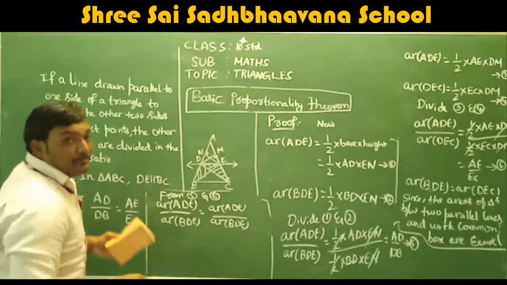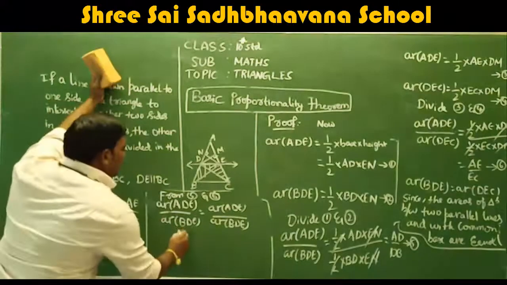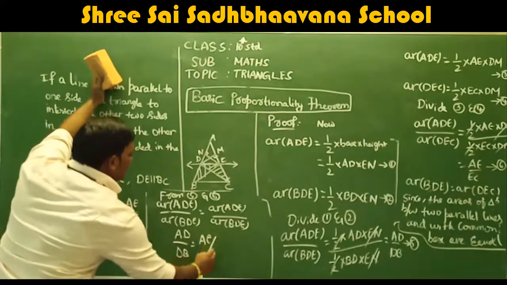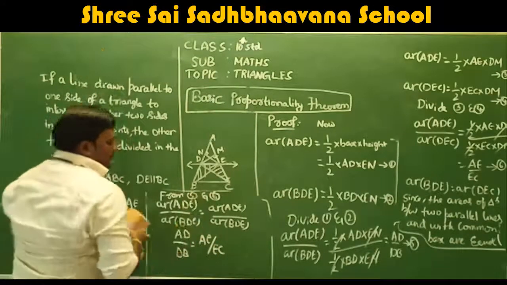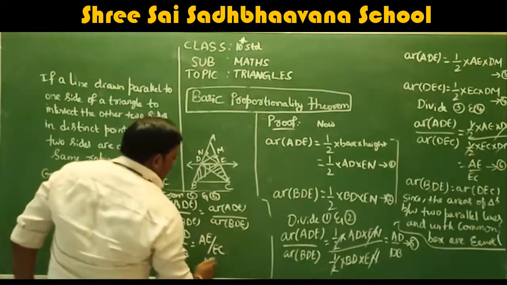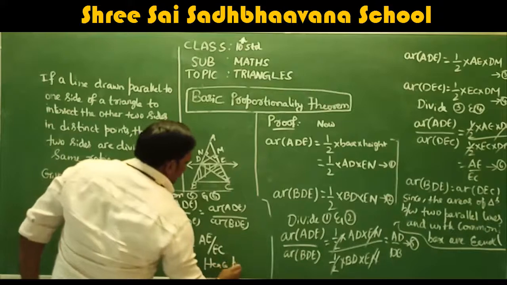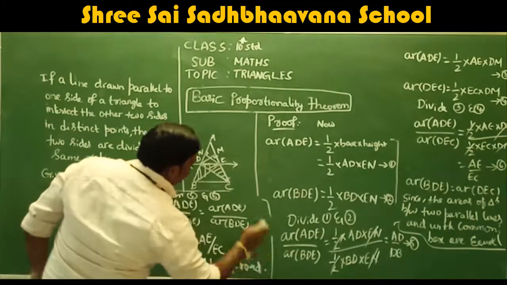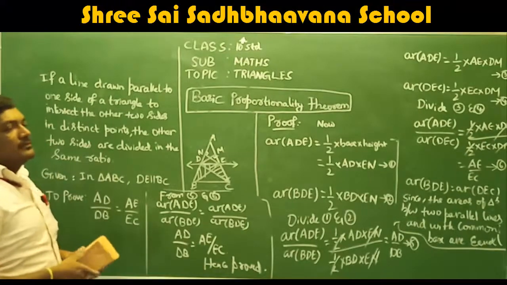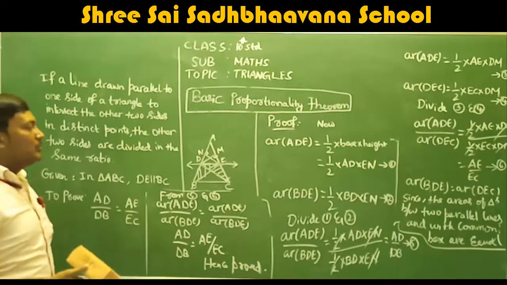So if LHS is the same, obviously we can equate RHS. So AD by DB is equal to AE by EC, hence proved. That's all. You have to stop here. You can write hence proved. Okay, this is the proof of your theorem. I hope you understood.